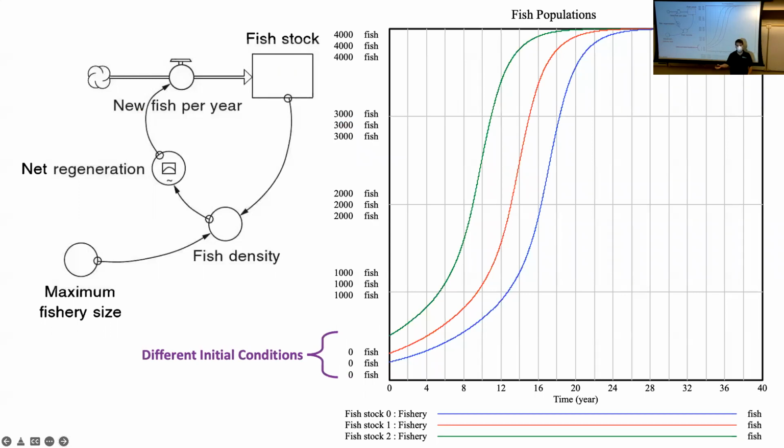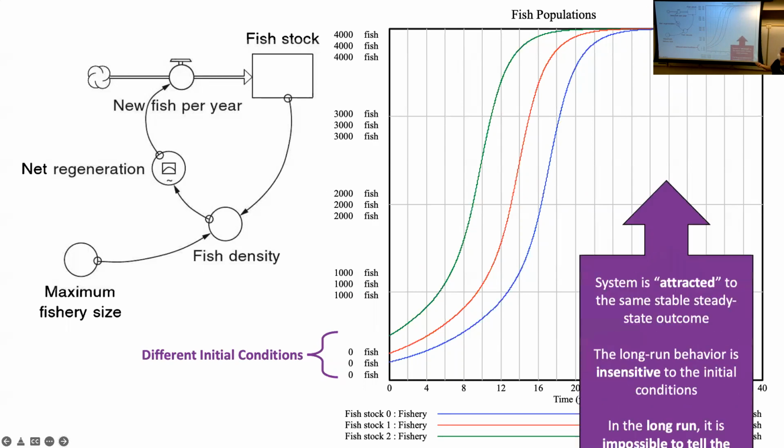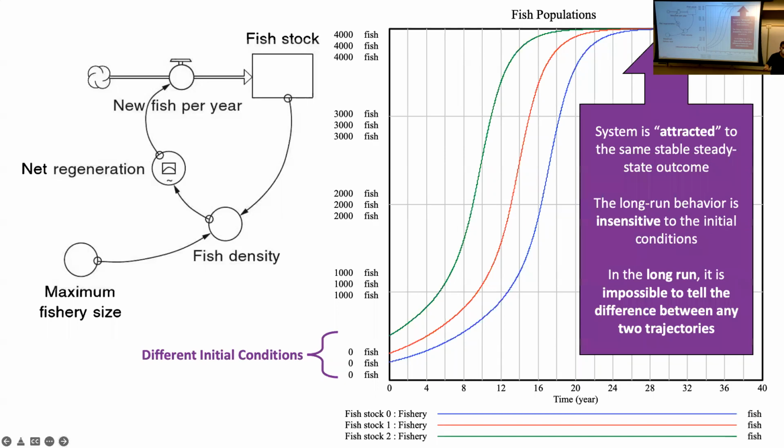If I hit play for these different initial conditions, things start out differently in the behavior over time, but they all end up in the same place. They all end up at carrying capacity. So we say that this system is attracted to this steady state outcome. We'd call this a stable equilibrium of the system.